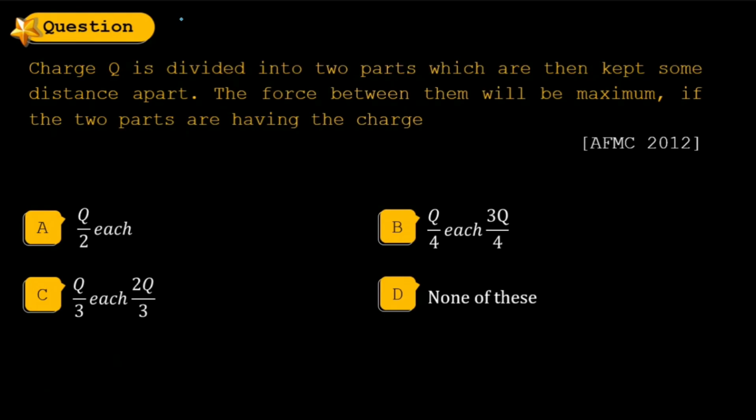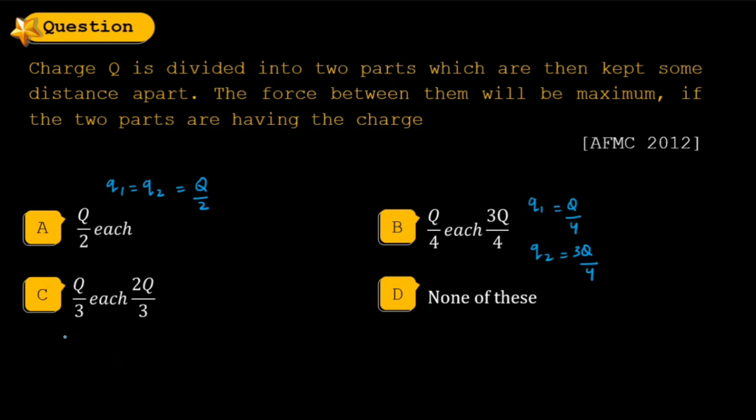What you can do here is find the net force in each case by considering the values of q1 and q2. In the first case, q1 and q2 are the same. In the second, q1 is equal to Q by 4 and q2 is equal to 3Q by 4.